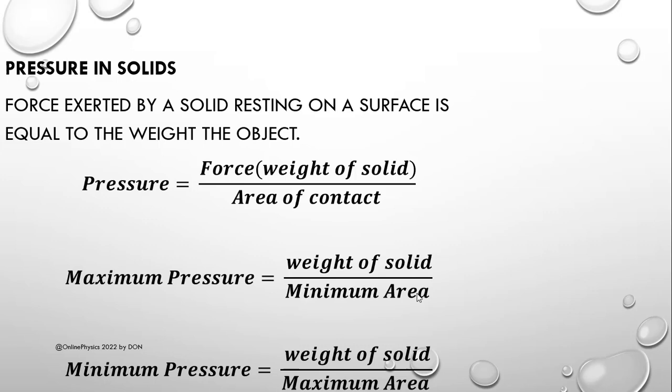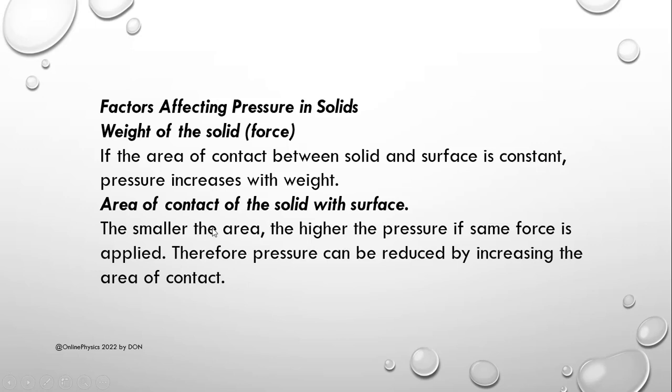Therefore, we'll be able now to talk about when pressure is maximum and when pressure is minimum, depending on the area in contact. So this one we'll be able to explain as we move on. Then now, moving further, we can also look at the factors affecting pressure in solids.